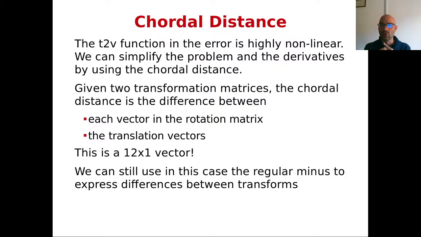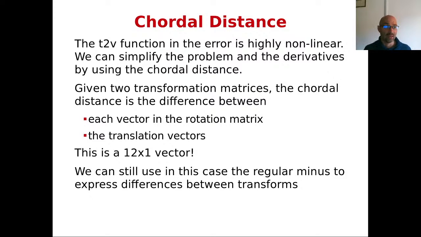If you look at a rotation matrix, you could see it as 3 vectors like that in the space: 3 unit vectors, which are orthogonal. If I have another rotation matrix, let's say this other one, and I subtract the corresponding vectors, the difference between the first column of the first matrix and the first column of the second will be this delta element over here. Then the second one will be the delta element between the 2 corresponding items, and the third will be the same.